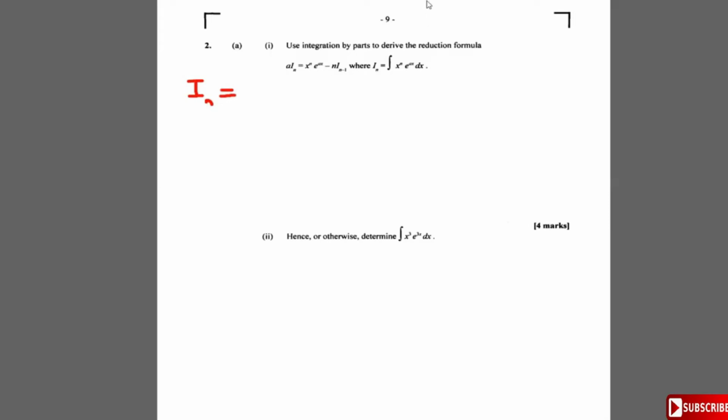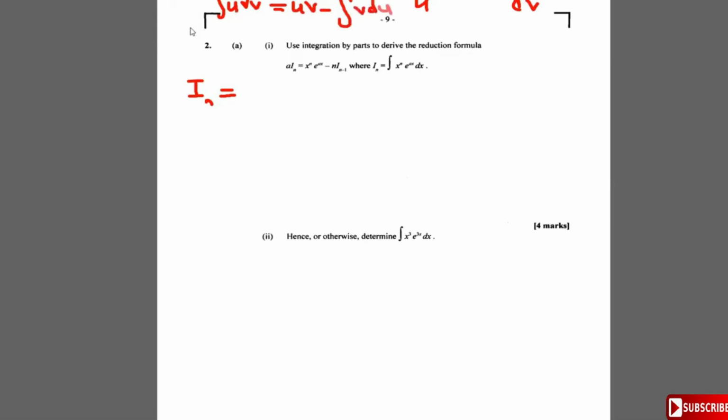You have to remember the rule that tells us that the integral of u dv is equal to uv minus the integral of v du. That's integration by parts.